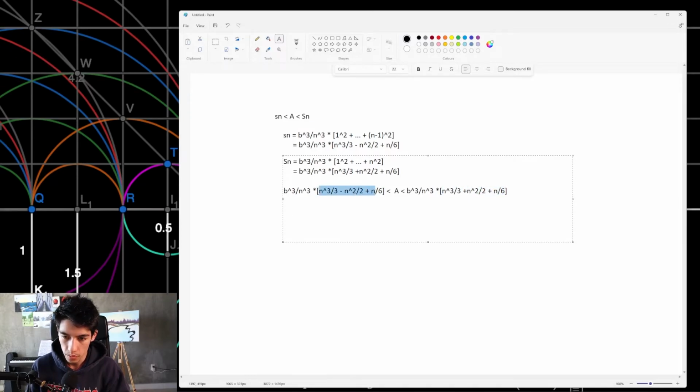We can actually argue that if we take this value, this value is smaller than n cubed over 3. This is argument 1, and argument 2 is that this value is greater than n cubed over 3.